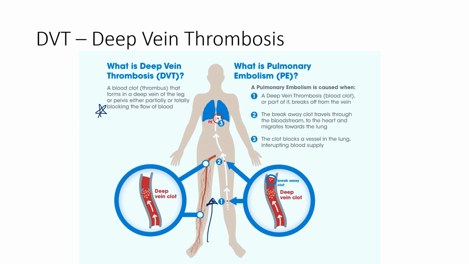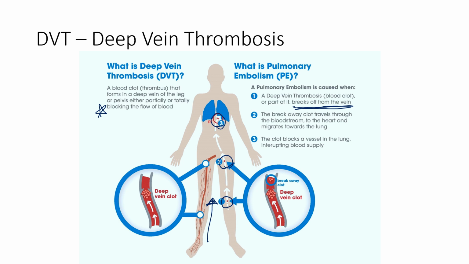Now, if a part of that clot breaks off and starts to travel through the circulatory system, it is then called an embolus. So an embolus is one where part of that deep vein thrombosis breaks off and starts traveling, and it's going to the heart.